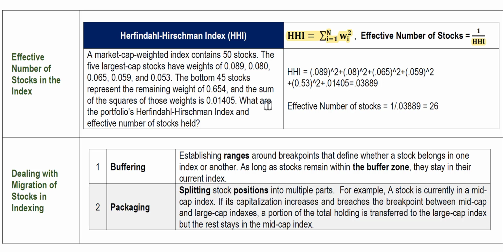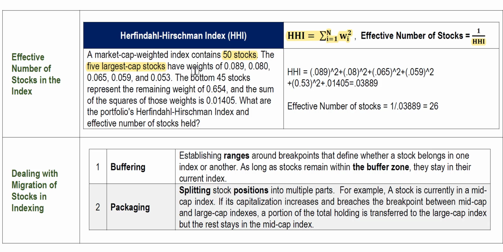Now let's see an example of how we calculate that, and then we discuss this index in more detail. Suppose we want to mimic an index that has 50 stocks. Since we don't want to use the entire 50, how many stocks, and which ones, should we use? The first step is that we select the first 5 largest-cap stocks, because we know that at least the first 5 we have to have.